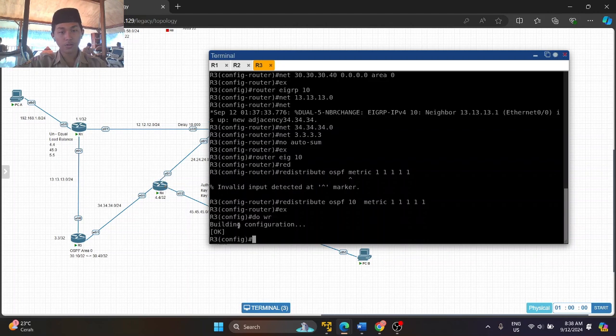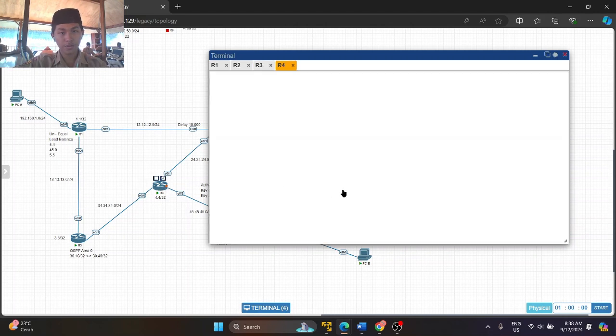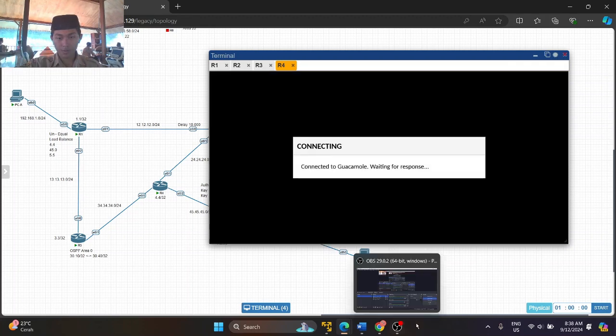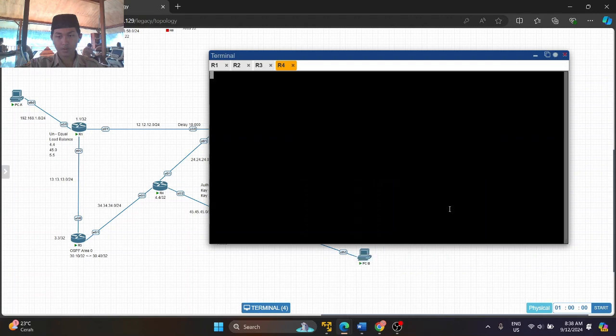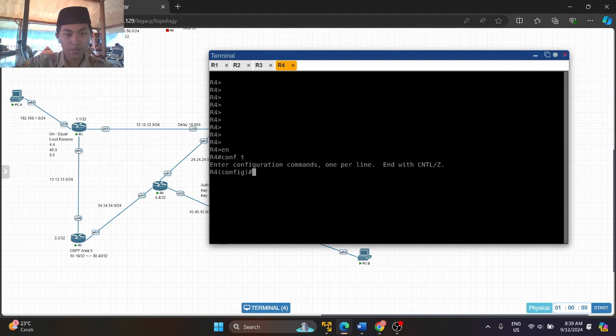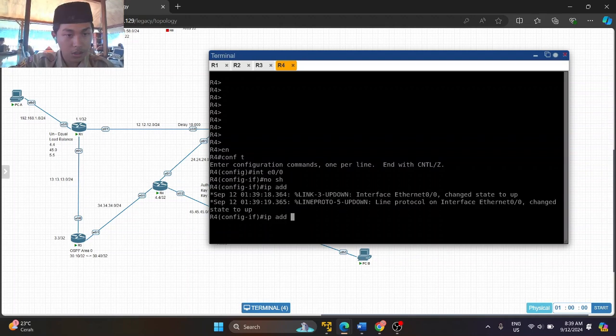Let's move to router 4. Enable, configure terminal, interface E0/0, no shutdown, IP address 34.2.